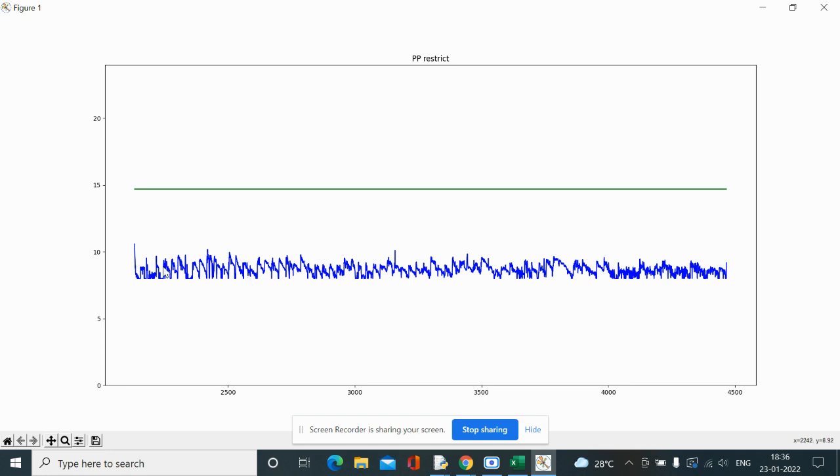One can see that the pore pressure is gradually dropping from this point to this point, and the maximum pore pressure based on the exponent is 10.2 ppg, and progressively it is dropping.